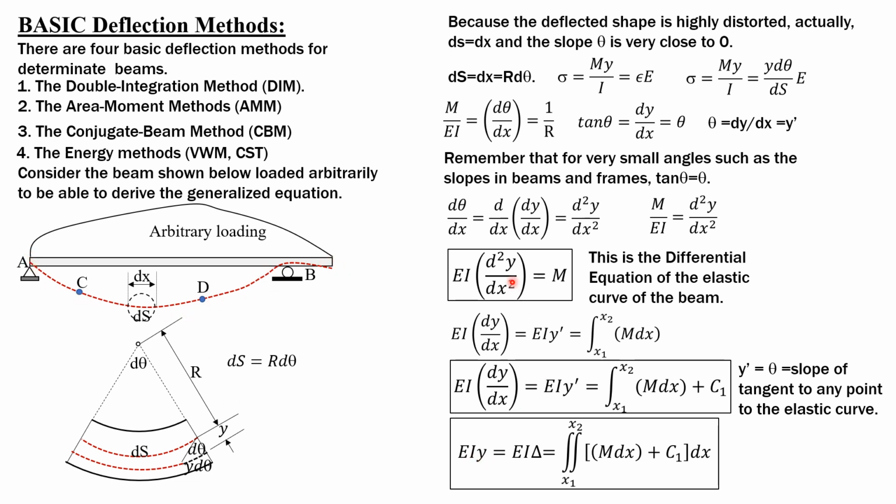This one is the differential equation of the elastic curve, and this is the solution. So we have here the equation of the elastic curve. So therefore, y represents the deflection from the horizontal x-axis. So if it is negative, then it is below. If it is positive, then it is above the x-axis. That's the meaning of that.